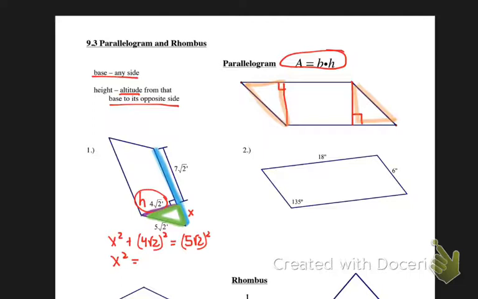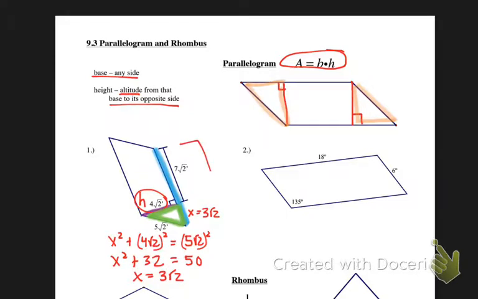So 16 times 2 is 32. And that is a plus sign there. And 5 root 2 squared is 25 times 2, which is 50. This ends up being 3 root 2. So I'm going through that a little faster because we know Pythagorean theorem at this point.